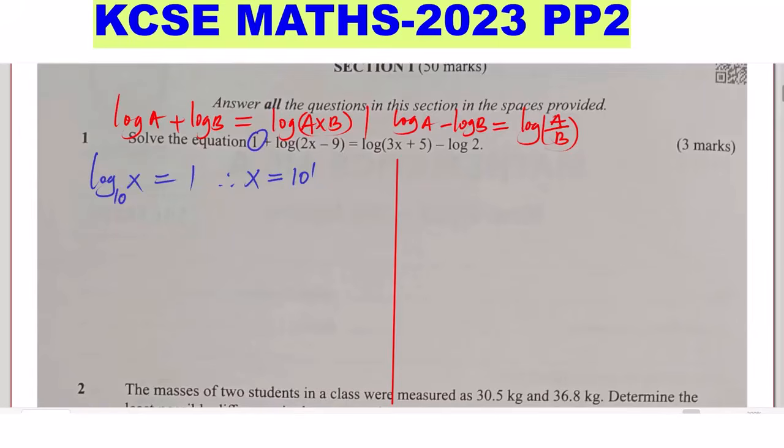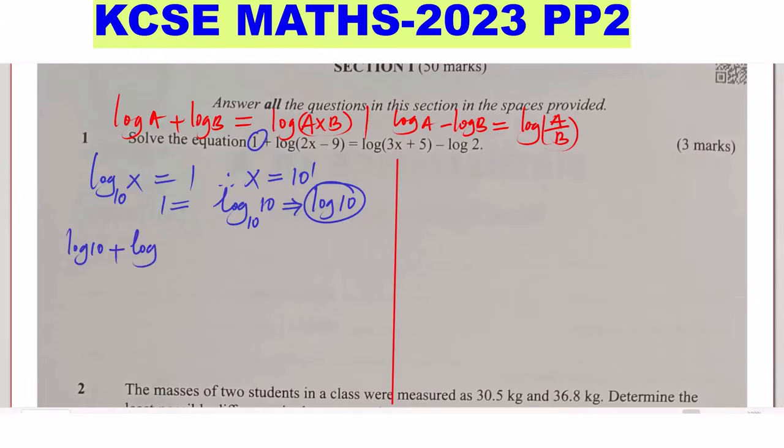So if x is equal to 10 raised to power 1, therefore 1 expressed in terms of logarithm to the base of 10 will be written as 1 is equal to log of 10 to the base of 10. But in this case, because the base is not indicated, you can still write it as log of 10. So now in place of 1, you're going to substitute that with log 10.